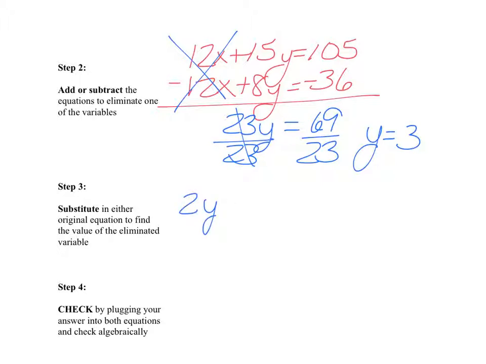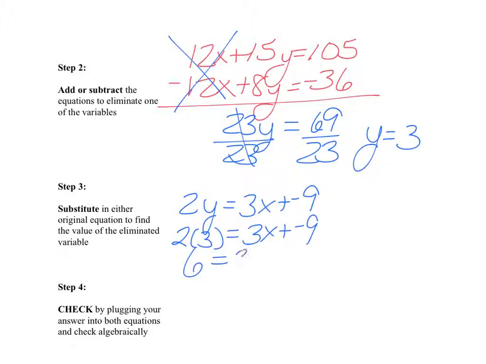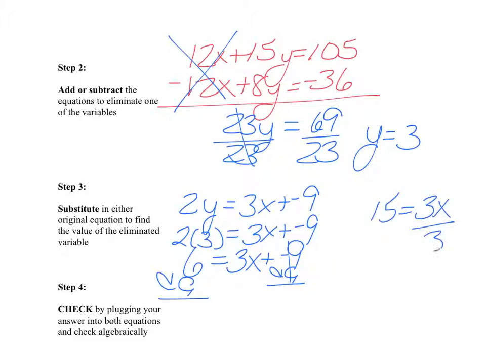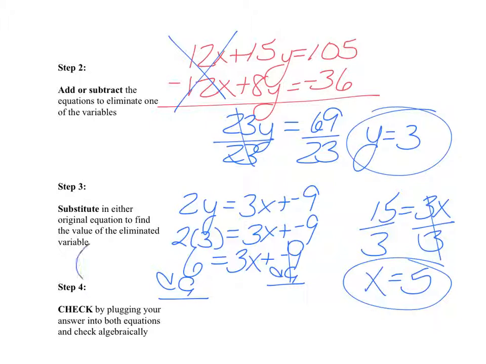So 2y equals 3x plus negative 9. 2 times 3 equals 3x plus negative 9. 6 equals 3x plus negative 9. Add 9 to each side. And 15 equals 3x. Divide each side by 3. And I get x equaling 5. Final answer, ordered pair, 5, 3.